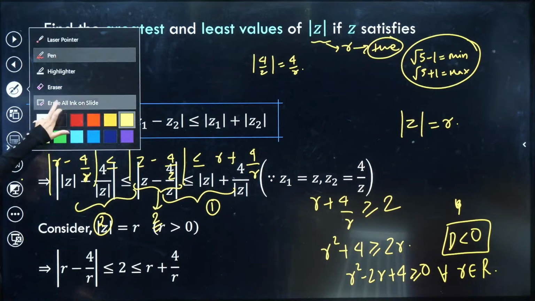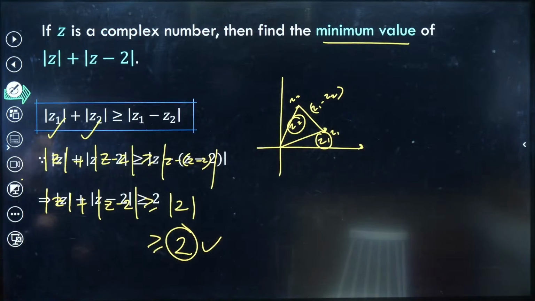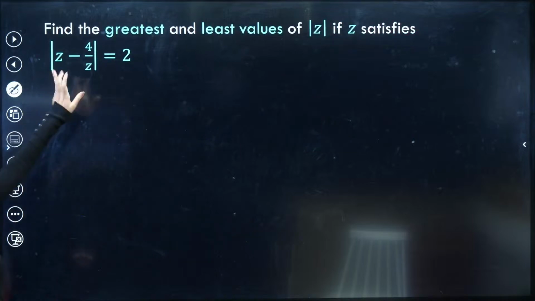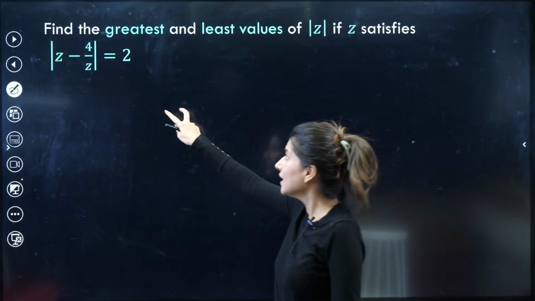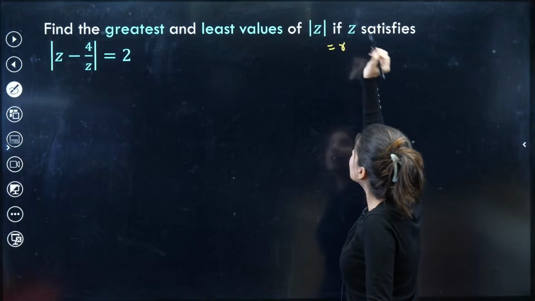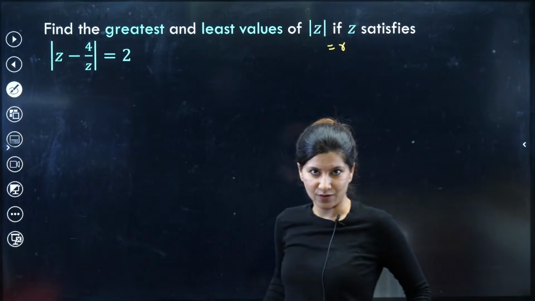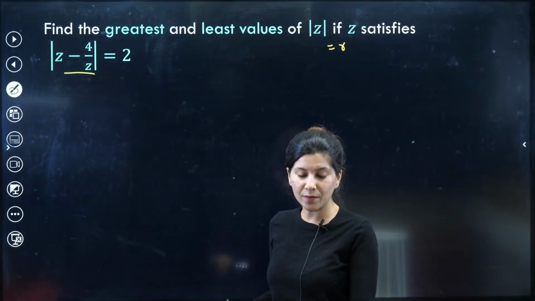All right, let me just tell you the whole question one more time. Let us understand this question once more. This was the question given to us: z minus 4 by z is equal to 2. Now, looking at this, we are looking for the greatest and least value of r. By looking at this nature, this is nothing but mod of z1 minus z2.